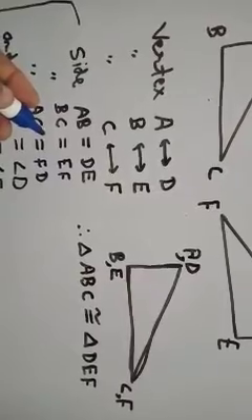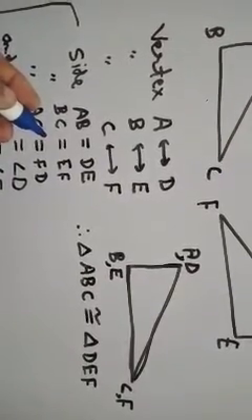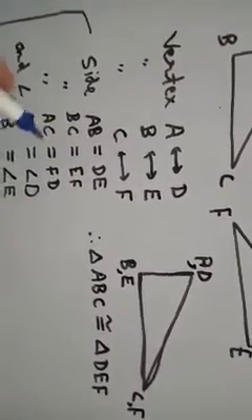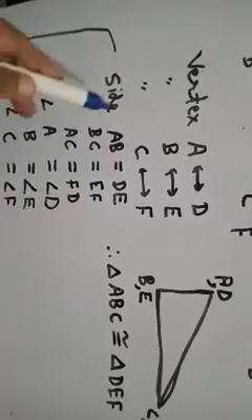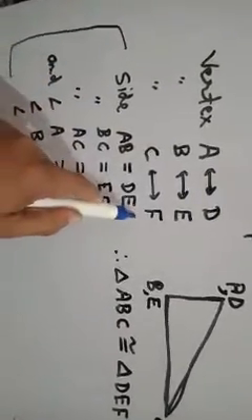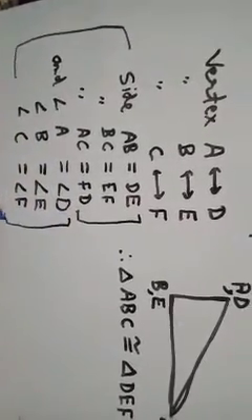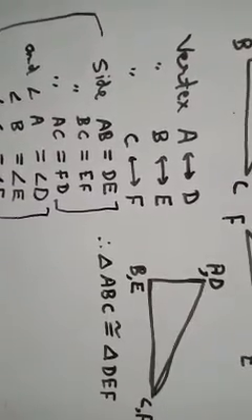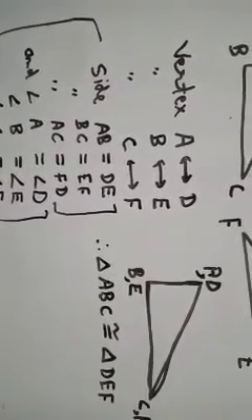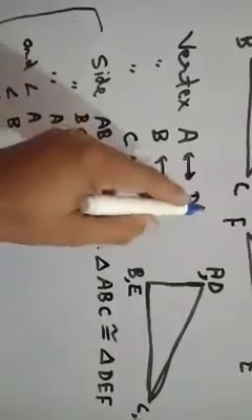There are three pairs of corresponding sides, three pairs of corresponding angles, and three pairs of matching vertices in two congruent triangles.